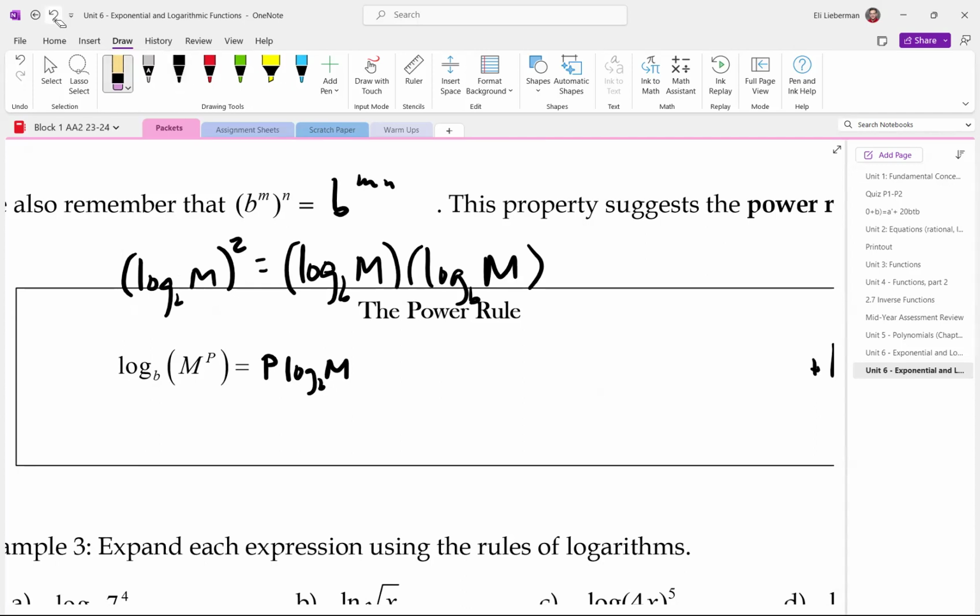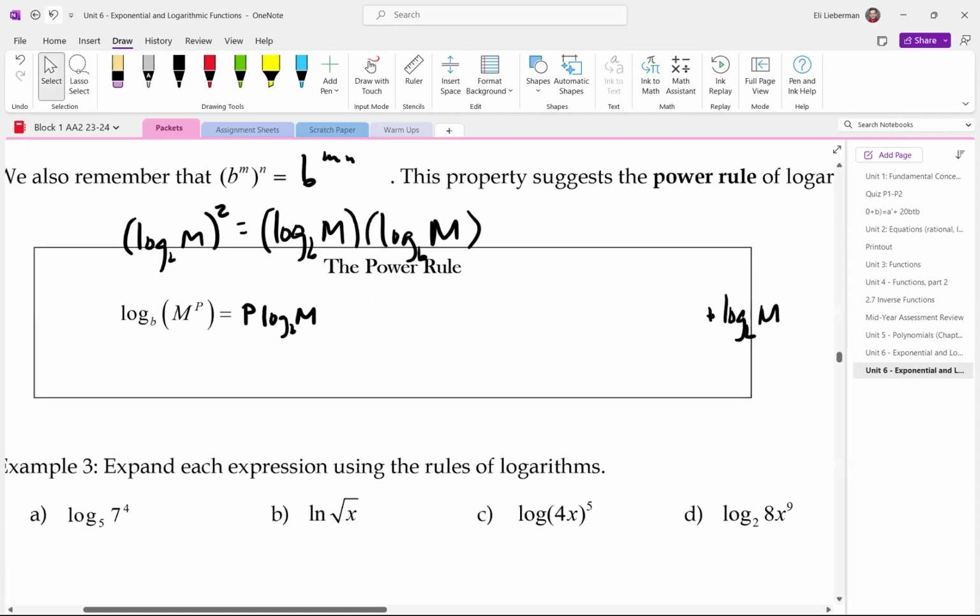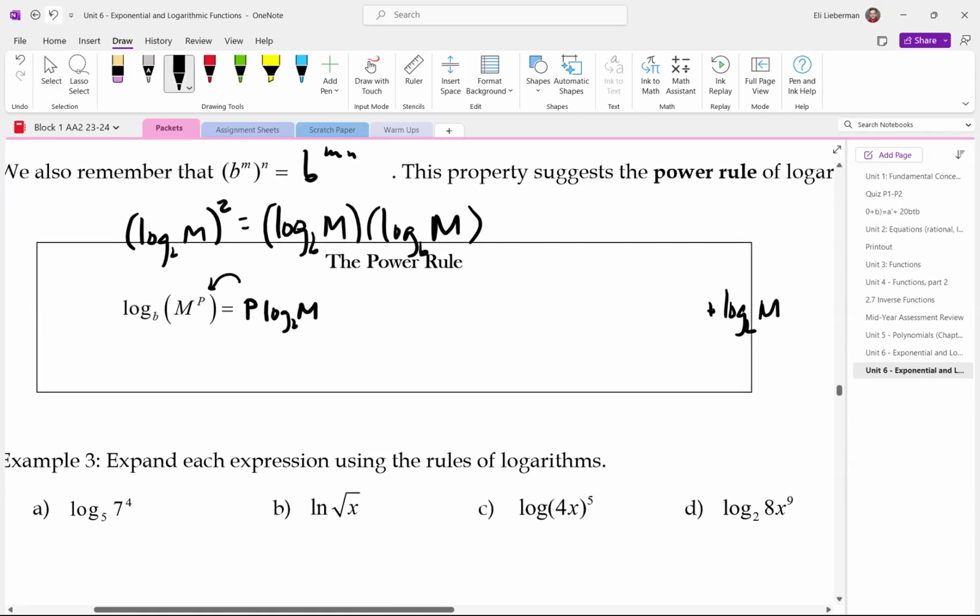So just be careful that the exponent must be in the argument in order to use this property. P must be in the argument.